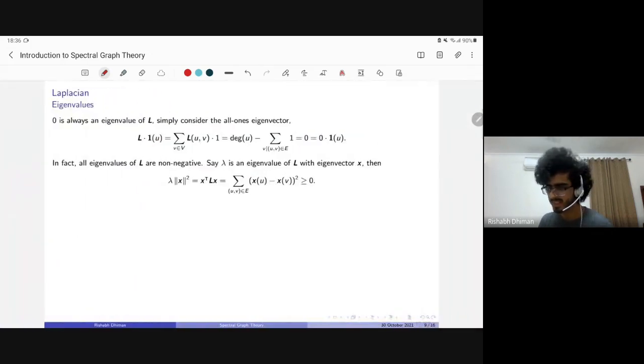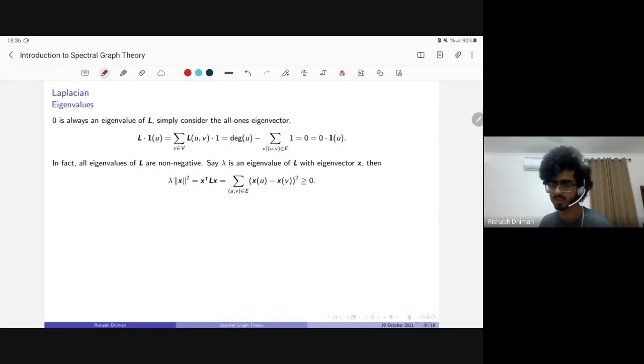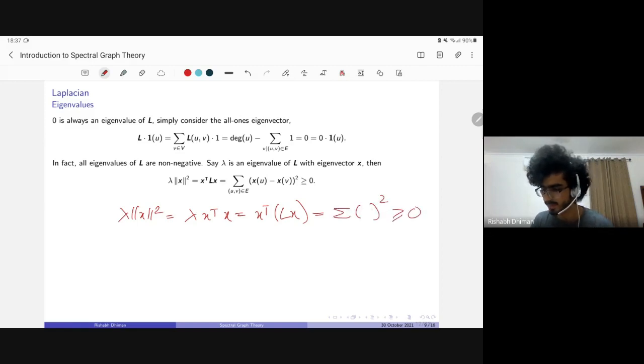So what that really tells you is that 0 is an eigenvalue, and no negative number can be an eigenvalue, precisely because lambda x squared is nothing but lambda x transpose x, which is x transpose L x, and this is a summation of squares, which is non-negative.